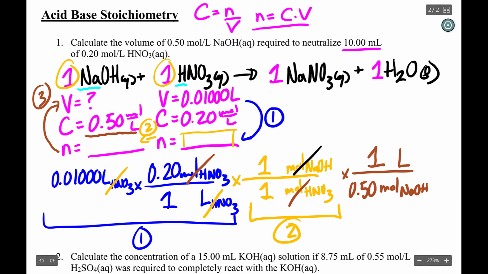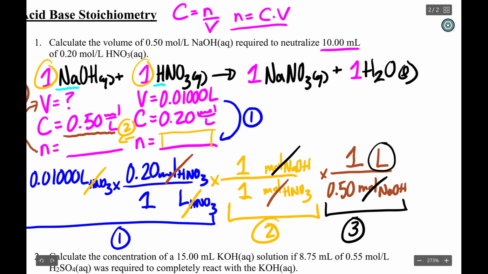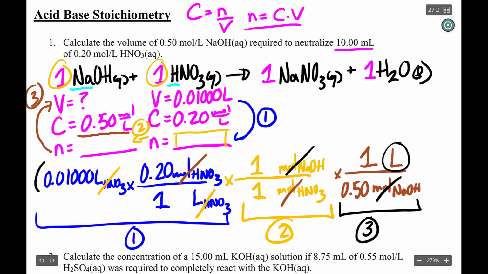The moles of sodium hydroxide cancel out with the moles of sodium hydroxide, and I'm left with liters of sodium hydroxide. So this would be step number 3. So all I'm going to do is take everything on the numerator in one set of brackets, hit divide, everything on the bottom in one set of brackets, and hit equals.